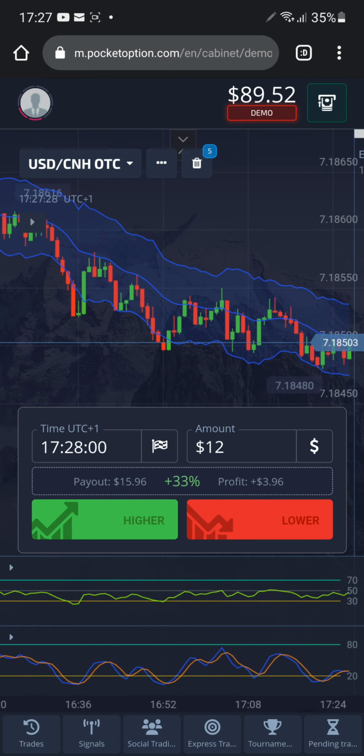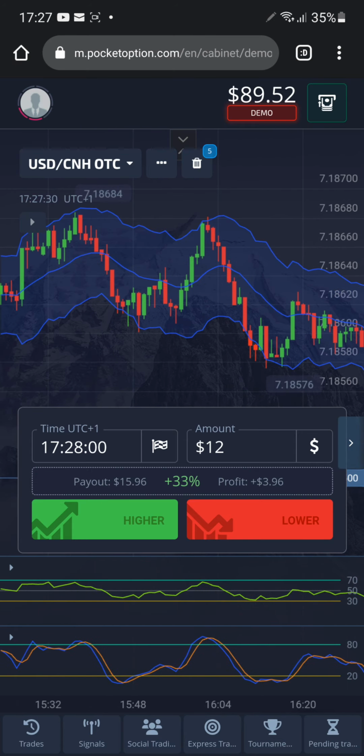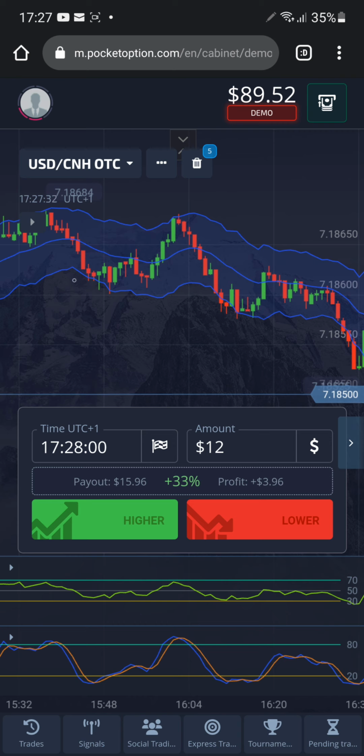So another thing you'll see here is that anytime the price action moves to the edge of the Keltner channel, it is an indication that the market is overbought, and very soon the sellers will come in and they'll push the price down. And it happens most of the time.